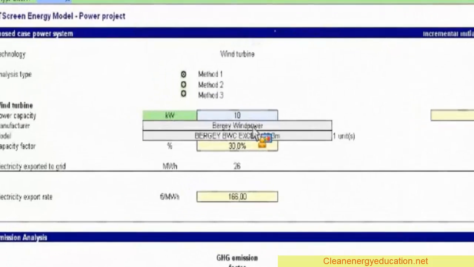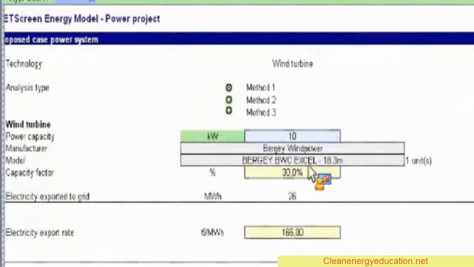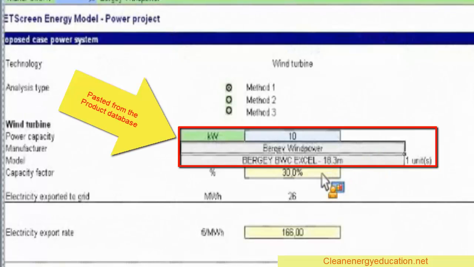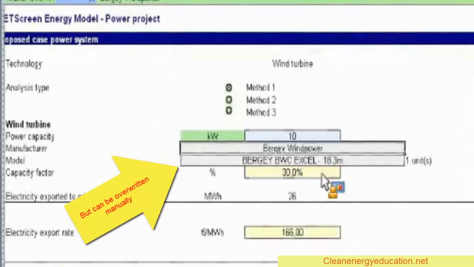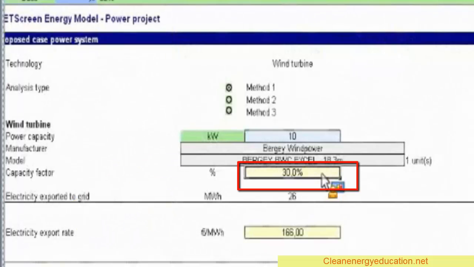Then coming back to our model, we have automatically introduced the height of the hub. We have one unit, the height, the brand. So we have to introduce manually what will be the capacity factor. Well, in this method we have to figure out what this capacity factor will be based on average wind speed.